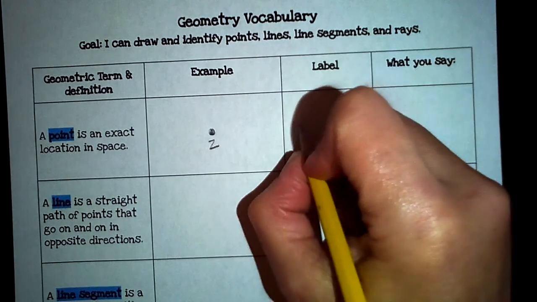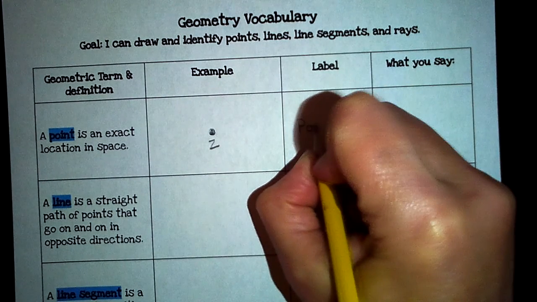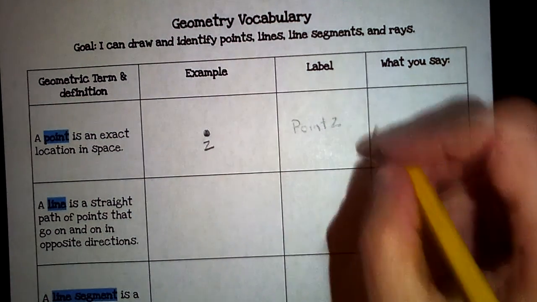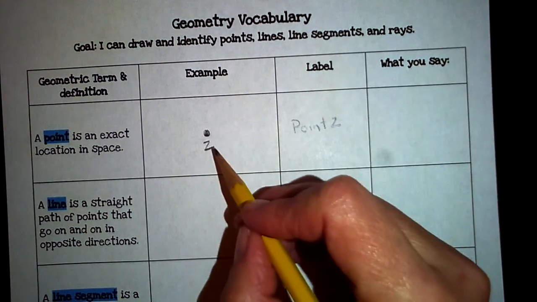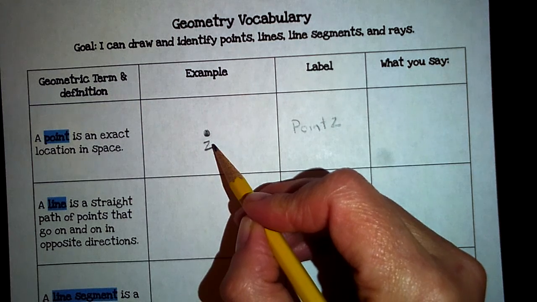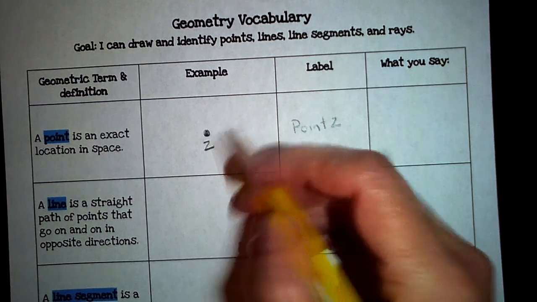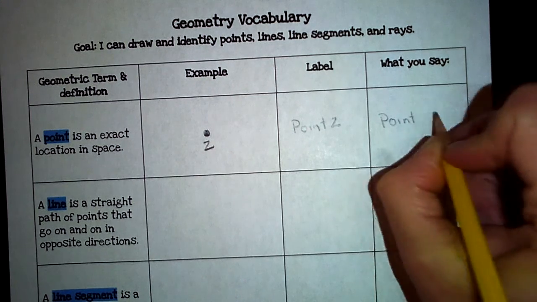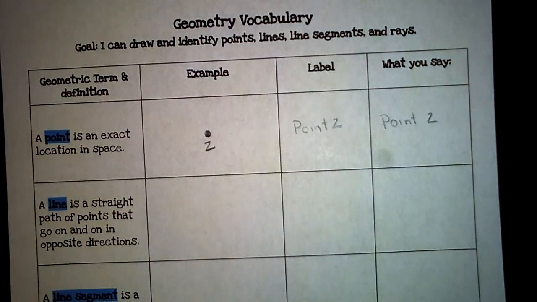Our point is labeled point Z, and that's actually what we call it. So if I drew this on the whiteboard and I asked for somebody to tell me what this was, you would raise your hand and you would say, point Z. Simple as that.